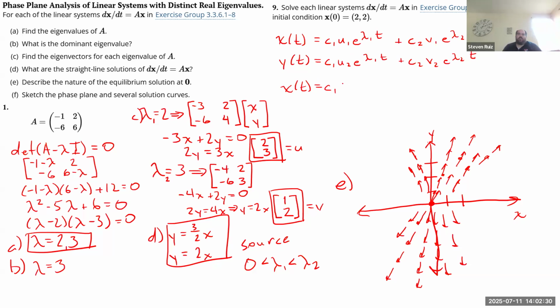u1 is 2. So I'll write this as 2c1 e to the 2t plus 1c2, because that's the coordinate of the eigenvector that I want, c2 e to the 3t.